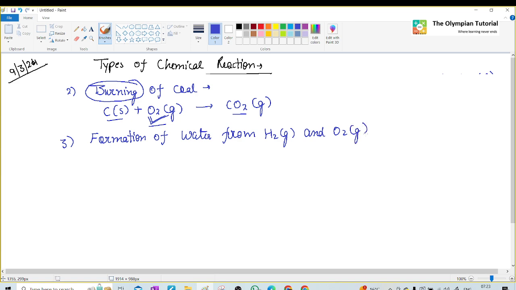Can you write this reaction? Balanced reaction. When hydrogen reacts with oxygen, it gives water. Hydrogen valence is 1, right? We are just combining hydrogen plus oxygen, it gives water.